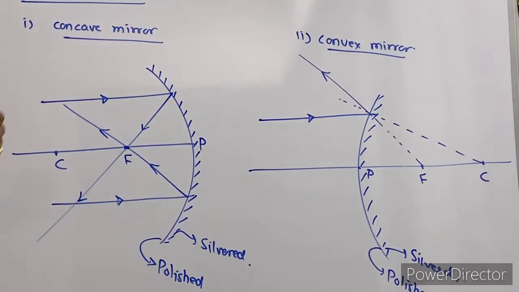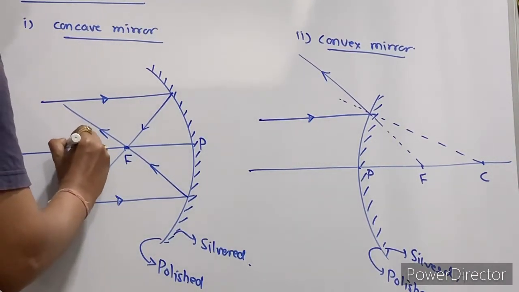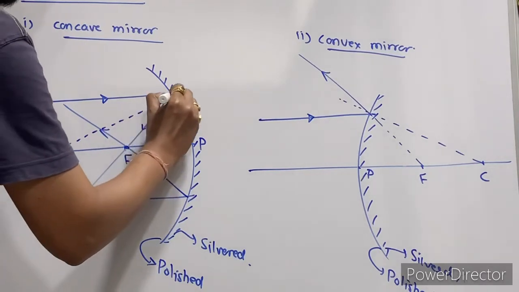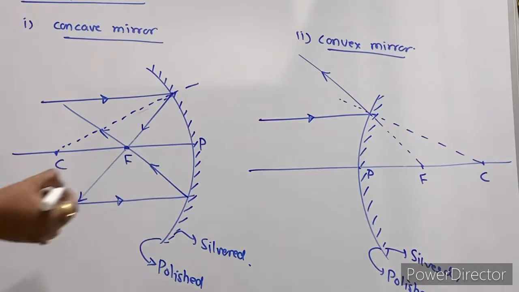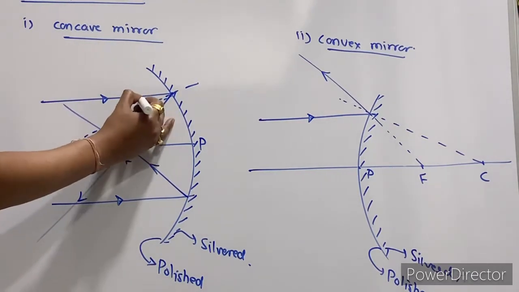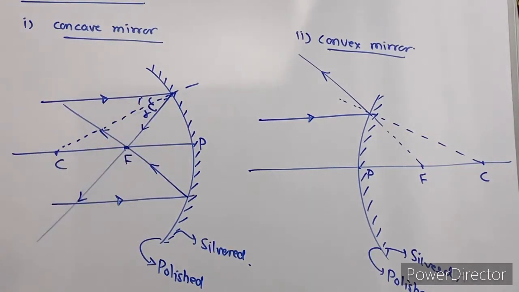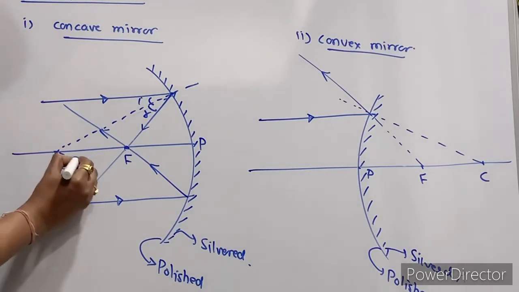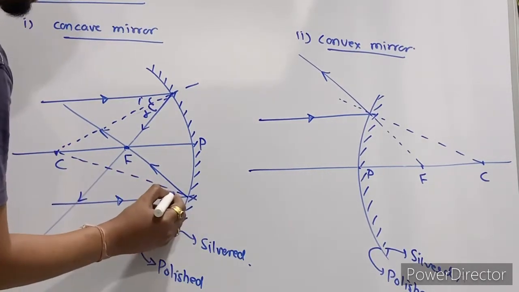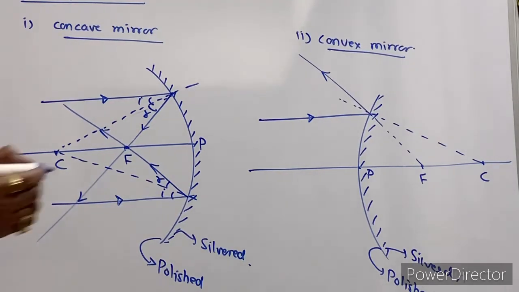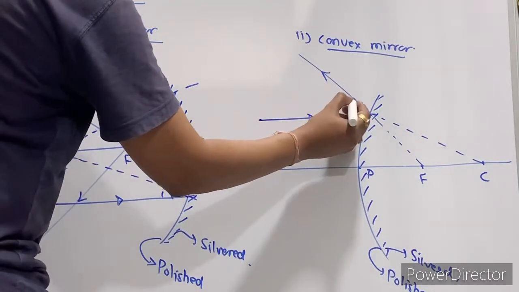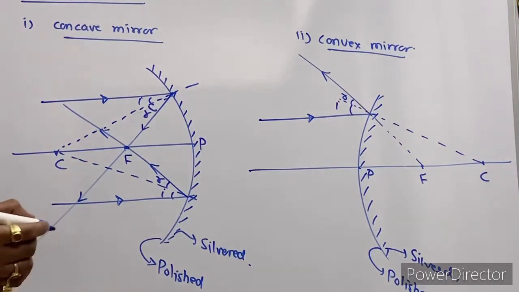Any line passing over here is called a normal. So this is your angle of incidence, this is your angle of reflection. Both are equal, right?